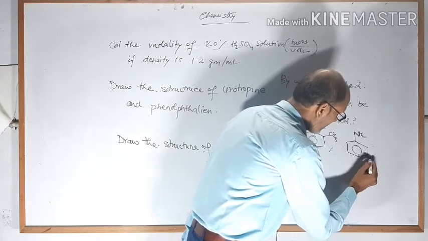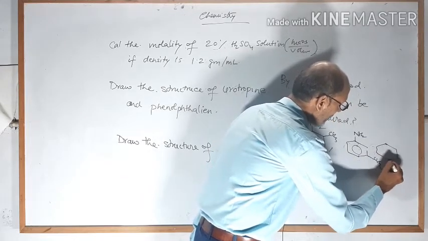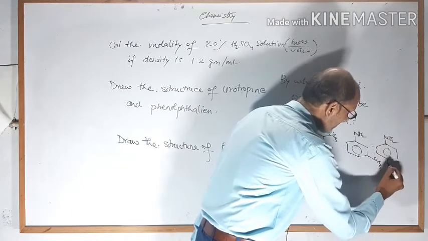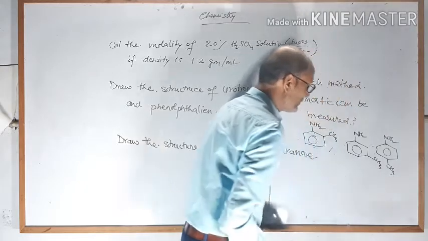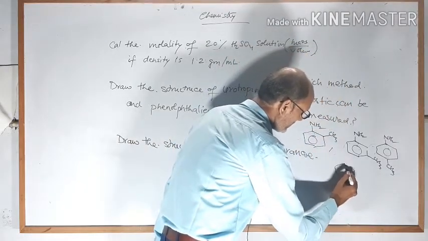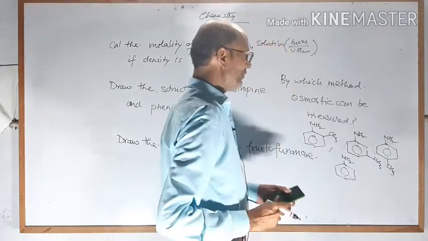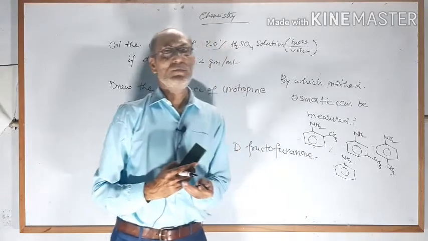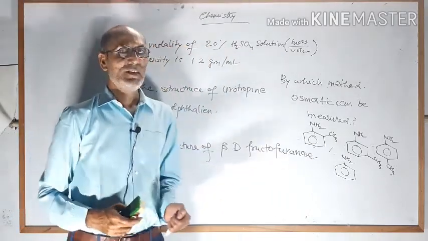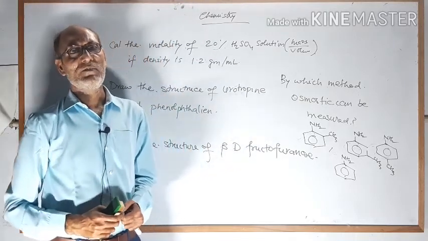This is CH3, NH2CH3, and these 4. What you have to do, dear students, is make notes on these and solve this question in a proper sequence and submit. The first one will get a prize.